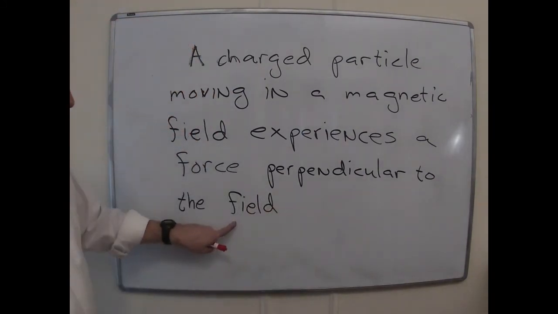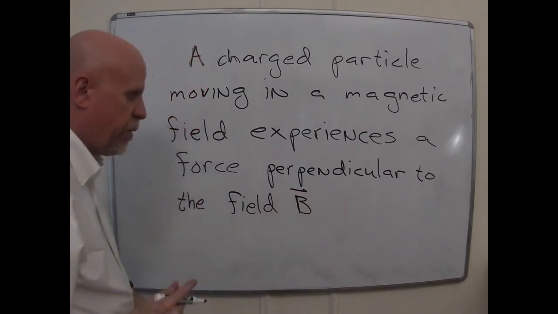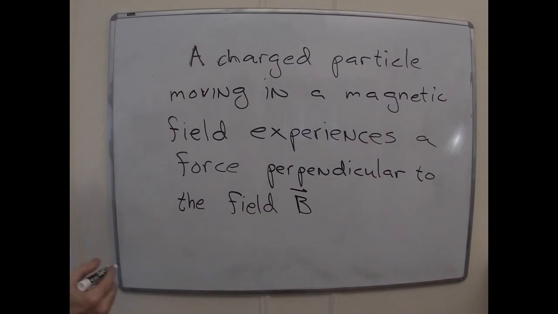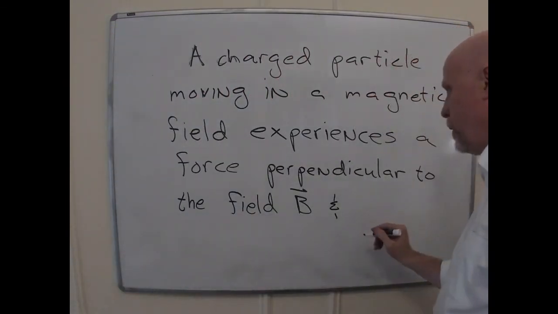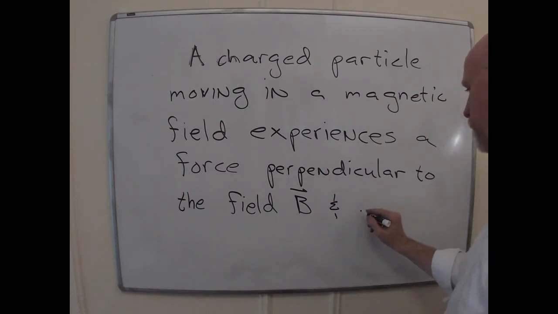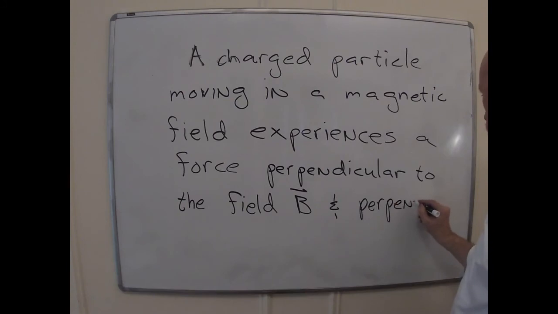The magnetic field is almost universally called B. So B with a vector hat on it is a magnetic field. And it's also perpendicular to the direction of motion. That's the velocity of the object, so we normally call that V.